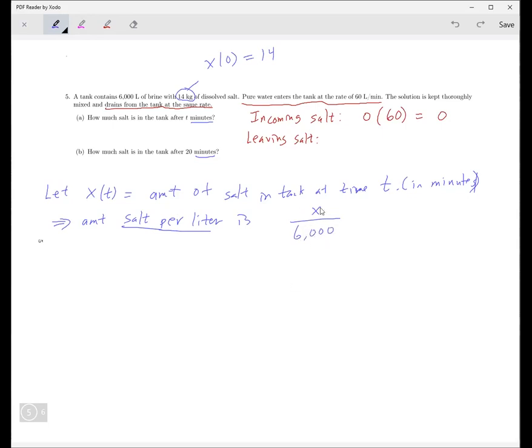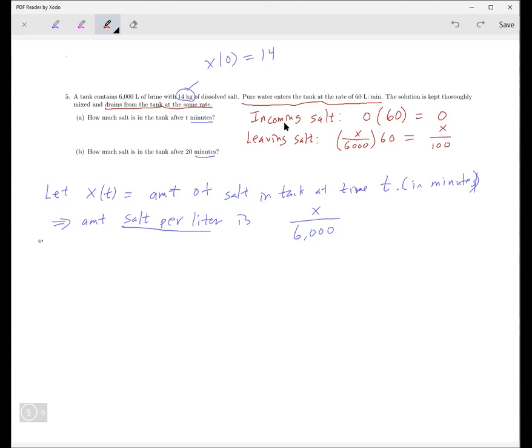Okay, that's the amount of salt per liter. So you're multiplying the salt per liter times the number of liters that's leaving. You have this many liters per minute that's leaving the tank, and this is how much salt per liter there is. So you have X over 100.